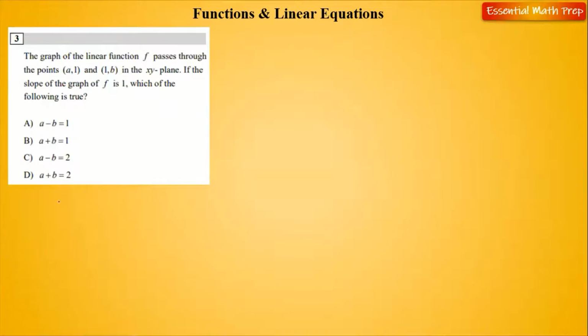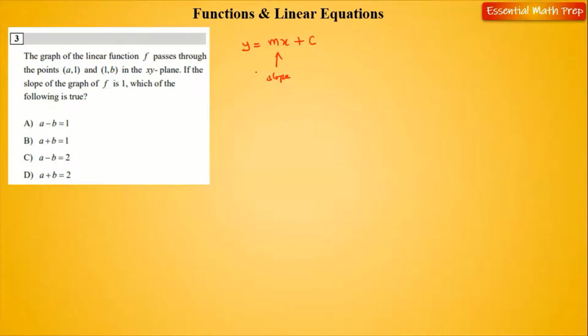The graph of a linear function f passes through points (a, 1) and (1, b) in the xy plane. If the slope of the graph is 1, which of the following is true? This is a very interesting problem, right? Let's take a linear function. What's a linear function? A linear function is y equals mx plus c, okay? This is a linear function where m corresponds to the slope, right?